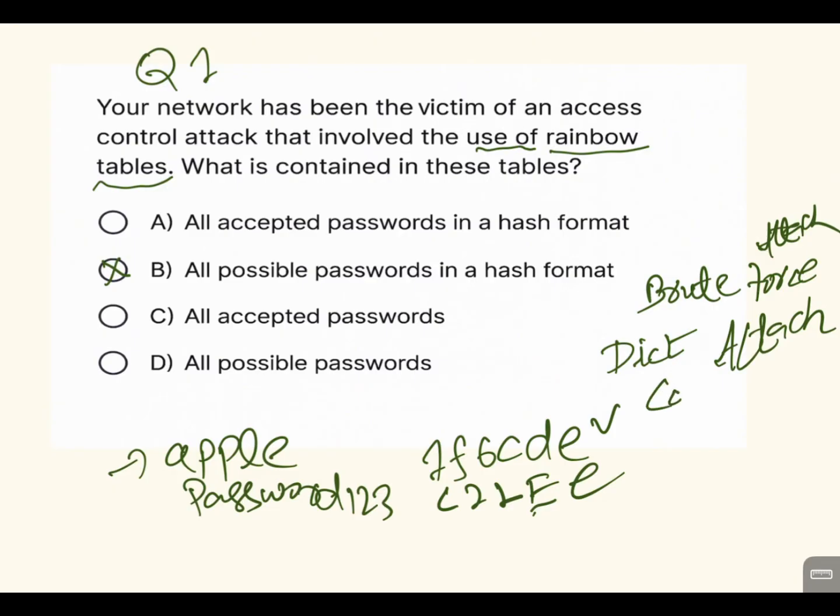The third one is credential stuffing. Credential stuffing uses known leaked username and password combinations from other breaches to log into different accounts. It is very successful if people reuse passwords.